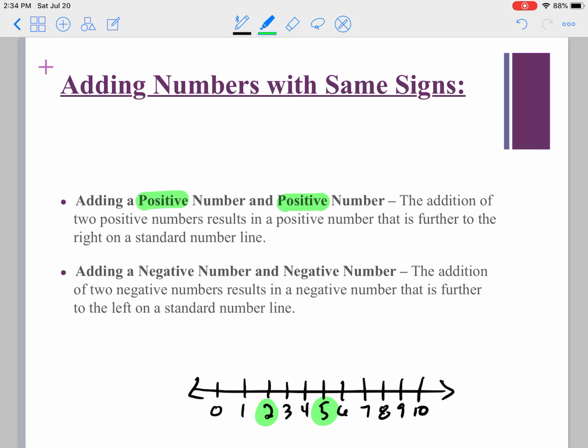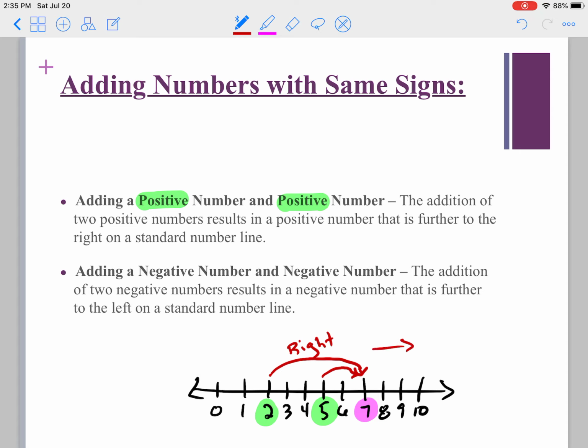Well, we know that 2 plus 5 is 7, but that 7 is located further to the right. I have to move to the right from the 2 to get to the 7, and I have to move to the right to get to the 7 from the 5, so it is further to the right on the standard number line.